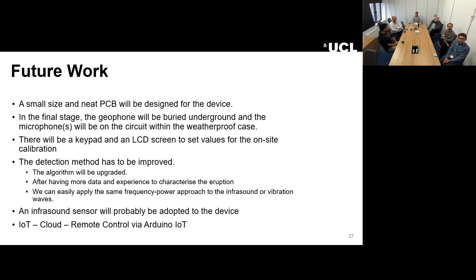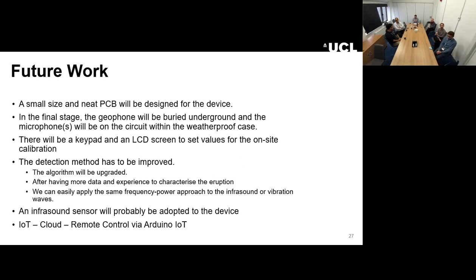We're planning to improve detection methods as we get more experience and more data to characterize the eruption. Luckily, we can apply the frequency and power approach to the different signals and data that we get, so we can adopt some other sensors to the device to make more precise detections.